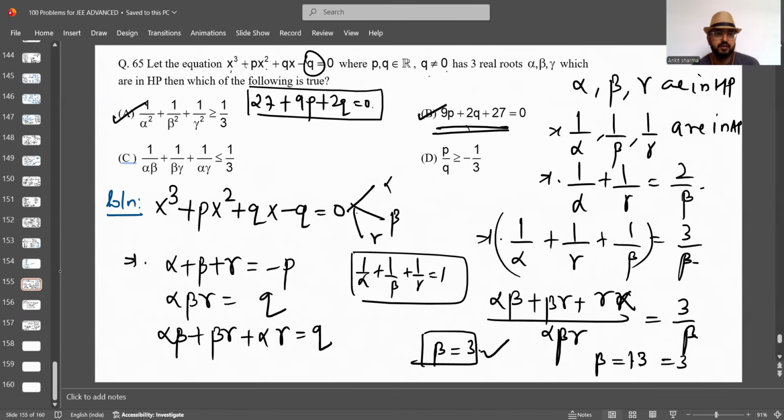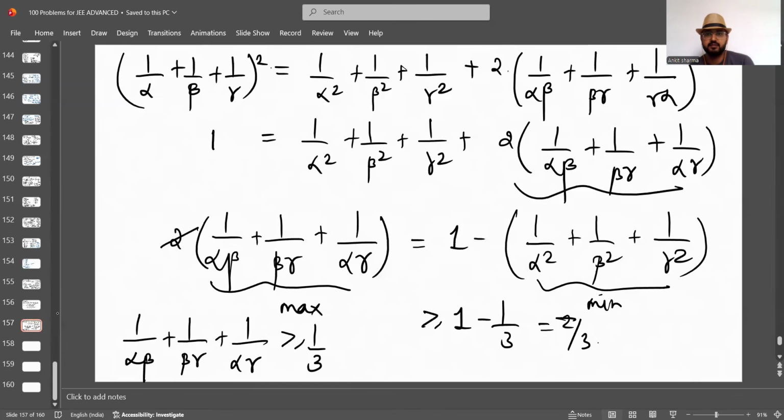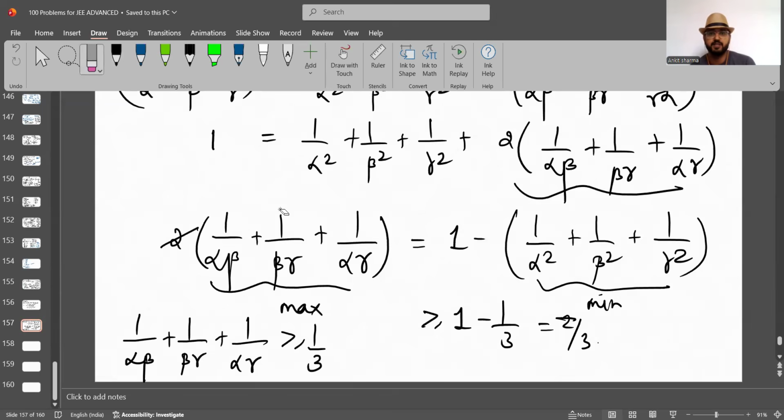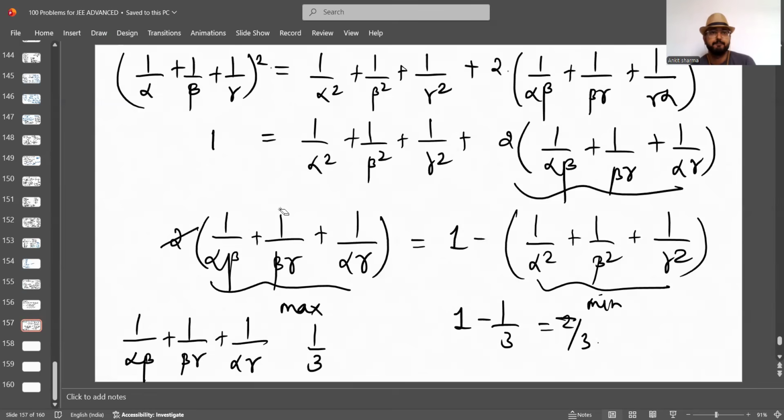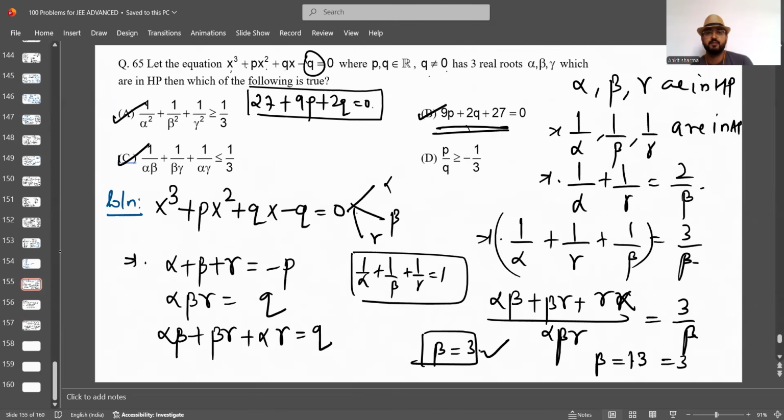Oh, wait. This is the maximum thing. So the minimum is this, which means I'll have less than or equal to, actually. I'm finding the maximum, so that guy should be minimum, and this should be less than or equal to 1 over 3. That makes my option C also correct.